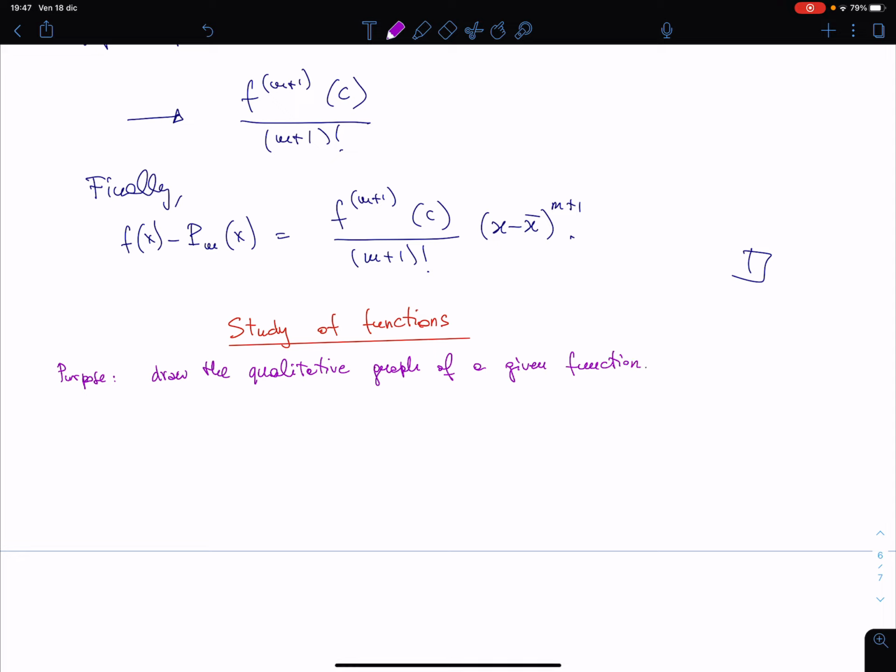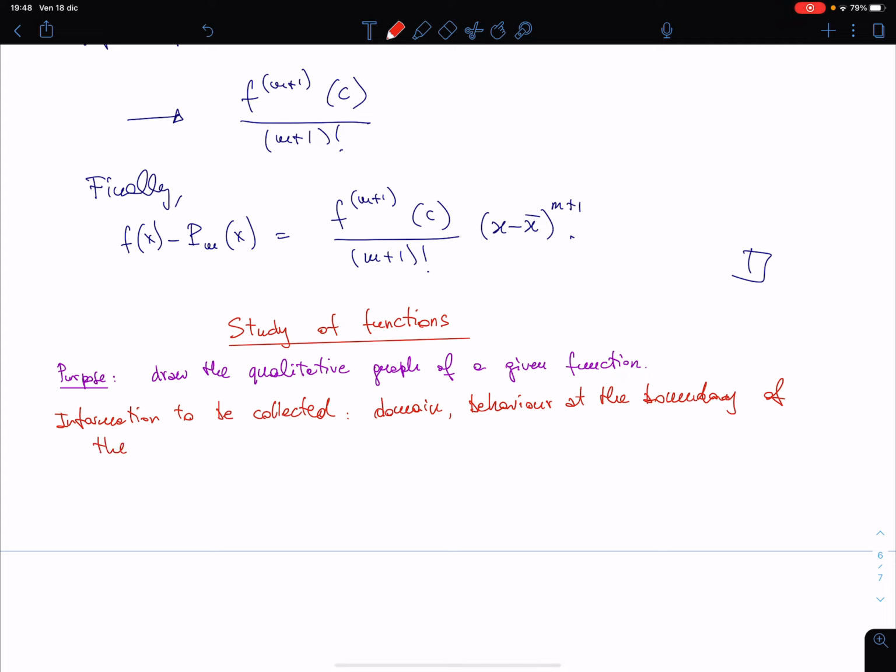So this means that you have to collect information in this qualitative graph, and the information to be collected is the domain, so the behavior at the boundary of the domain, in particular asymptotic behavior.